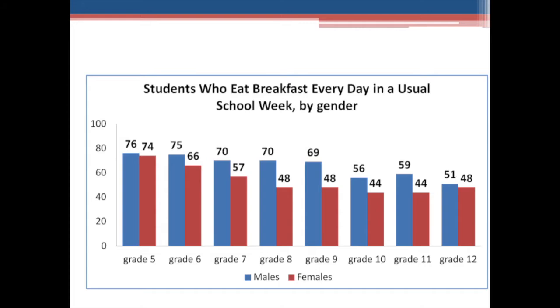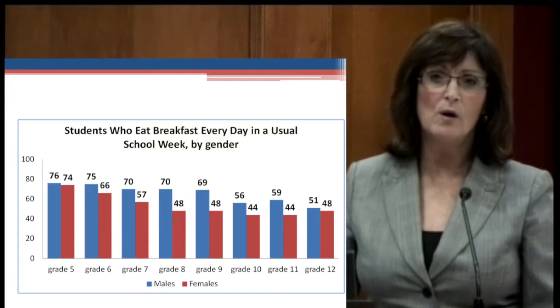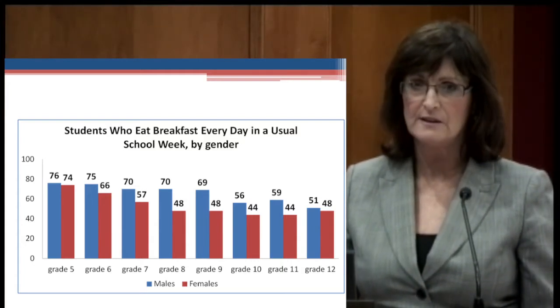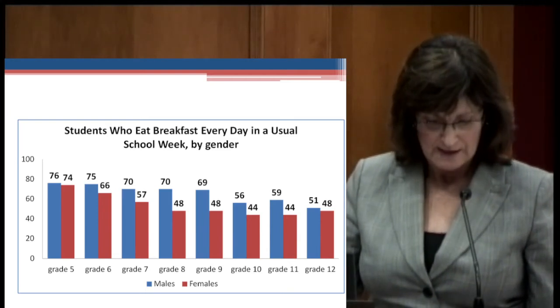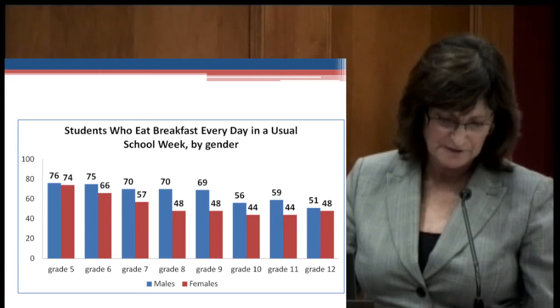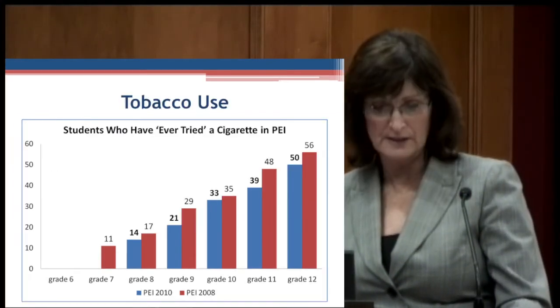So that means quite a few don't. 8% of students report skipping breakfast because they don't have time and they don't have enough food at home. There's no food in the fridge. 8%. So think of what they're able to do. 65% of males report eating breakfast every day, and 53% of females. So that's not good enough.